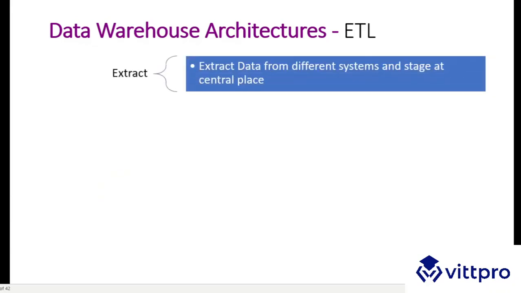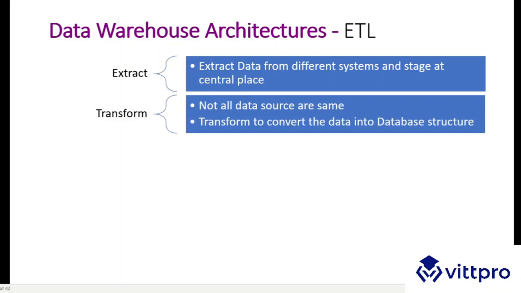Extract data from the different systems and stage it at a central place, and then you transform that into the similar structure that you need for your database, because not all operating systems will have the same format, right? You may be looking at reports from different departments. Even within a department, the AR aging can be different if you ask different people, right?